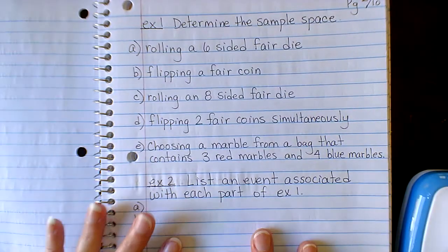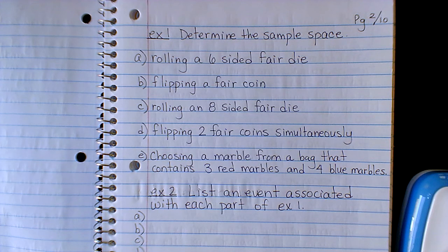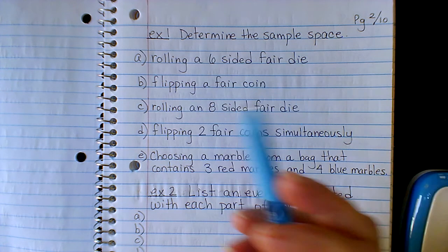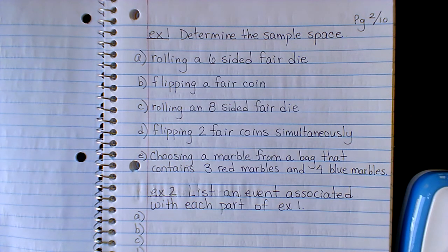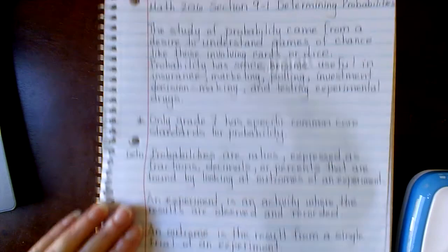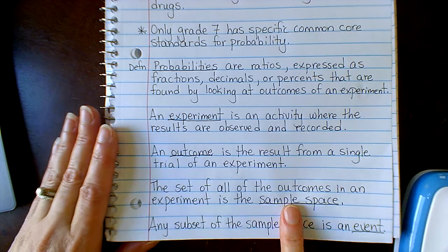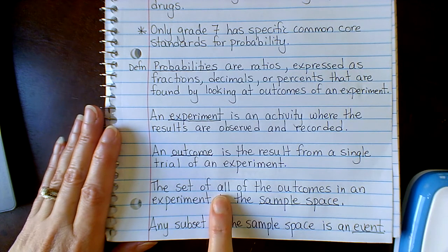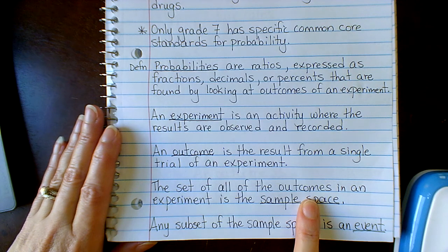Okay. So let's dive right into an example. Let's determine the sample space for rolling a 6-sided fair die. Now remember, the sample space is the set of all of the possible outcomes.